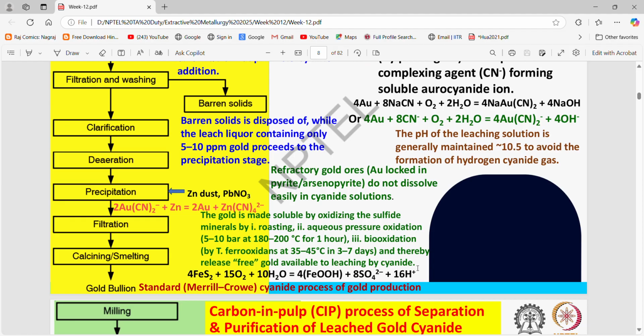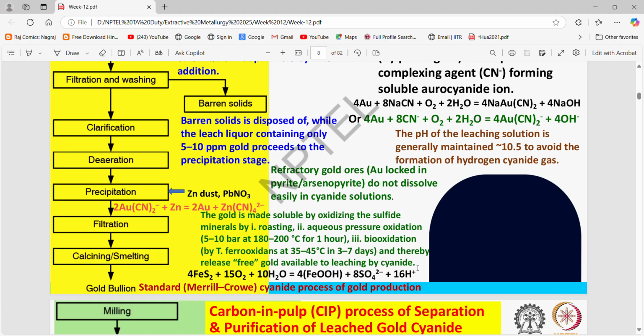With the zinc dust, we precipitate the gold in powder form, in metallic formation. But this precipitated gold still has some impurities, so we go with the calcining or smelting processes to recover the gold bullion.